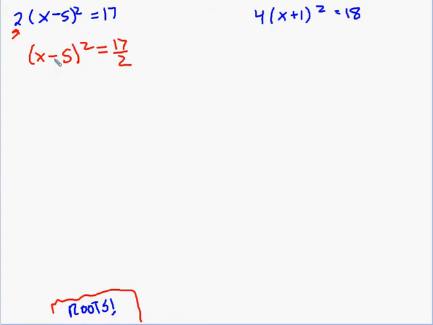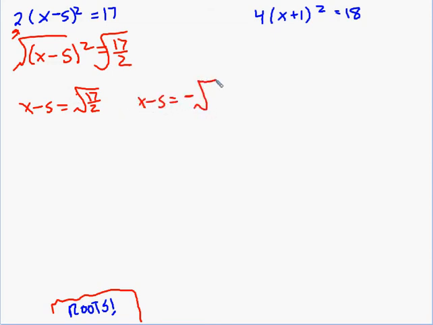Alright, and to undo a square root, or a square, I take a square root. So x minus 5 equals root 17/2, or x minus 5 equals negative root 17/2, whatever that is.